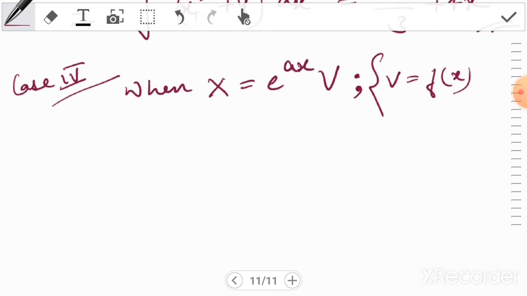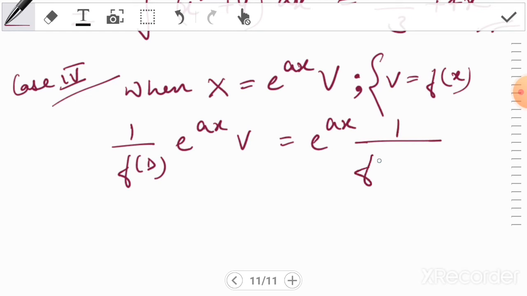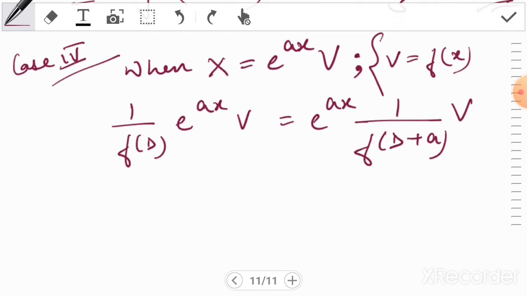Now 1 by f of D operating on e^(ax) V will be equal to e raised to the power ax times 1 by f of D plus a operating on V. Okay. So this operator will operate on this V, capital V, where V is a function of x.